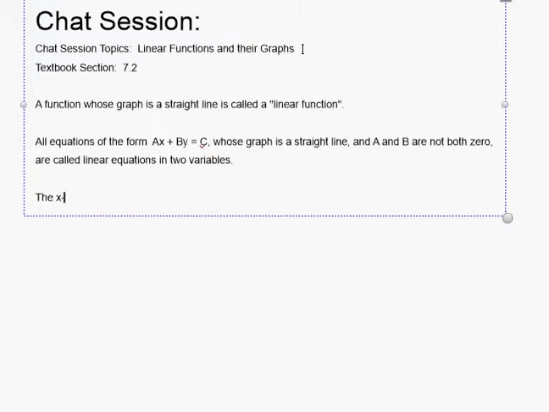The x-coordinate of the point where the graph intersects the x-axis is called the x-intercept.